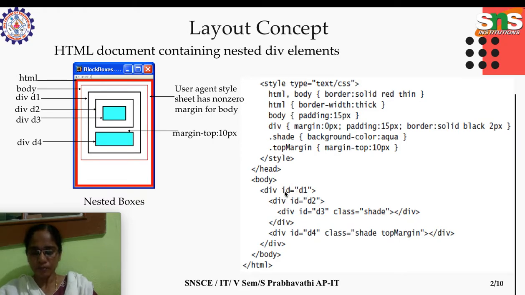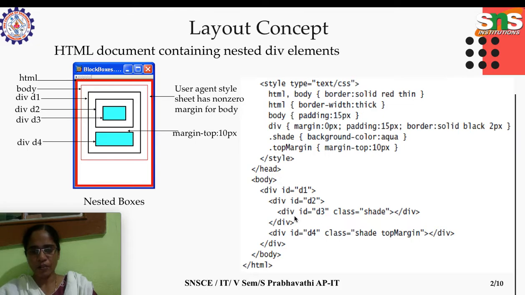The id is used to style this div element alone, because we have given it the id name d1, so we can style it using d1. Then div id d2 is nested, because inside div id d1 we have div id d2, and inside div id d2 we have div id d3 with class equal to shade. It doesn't contain any value, it is simply closed.